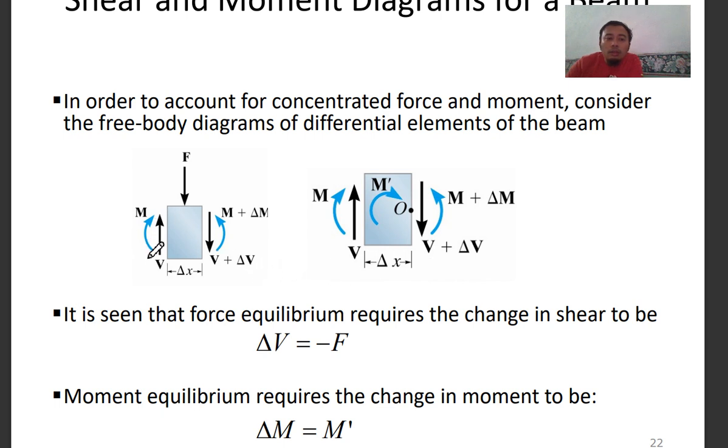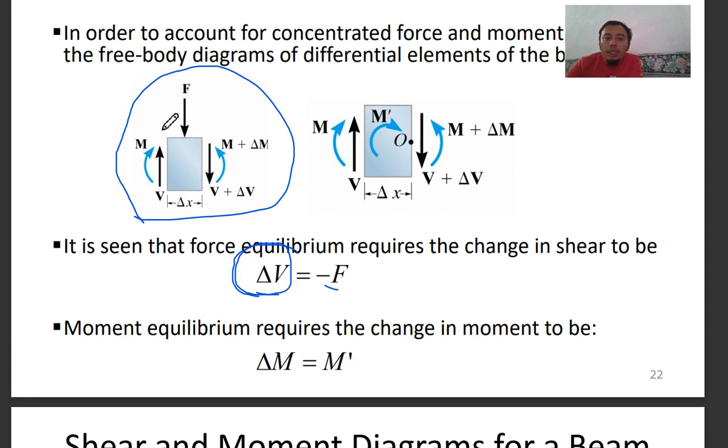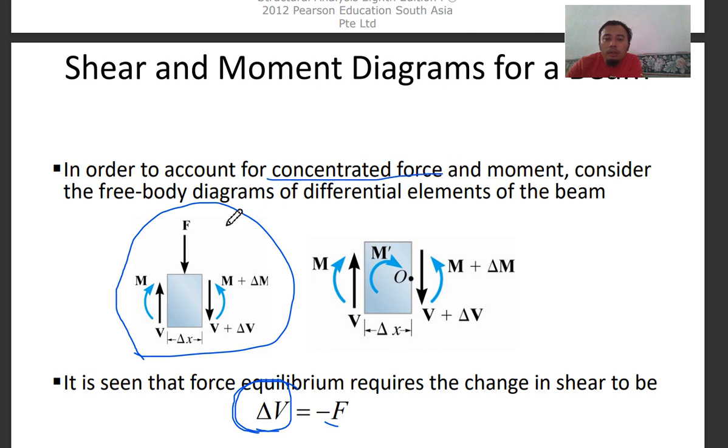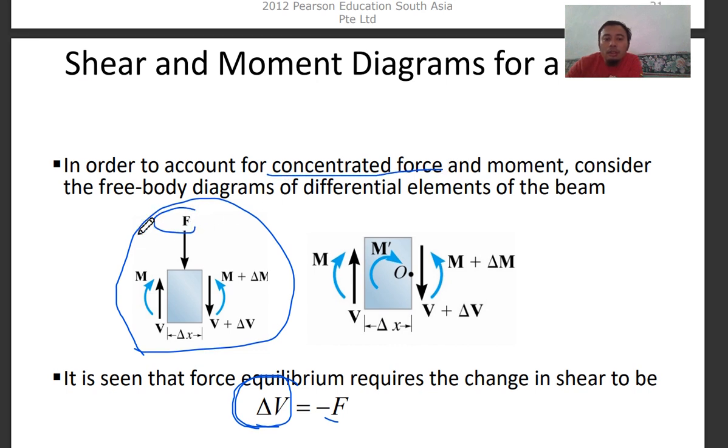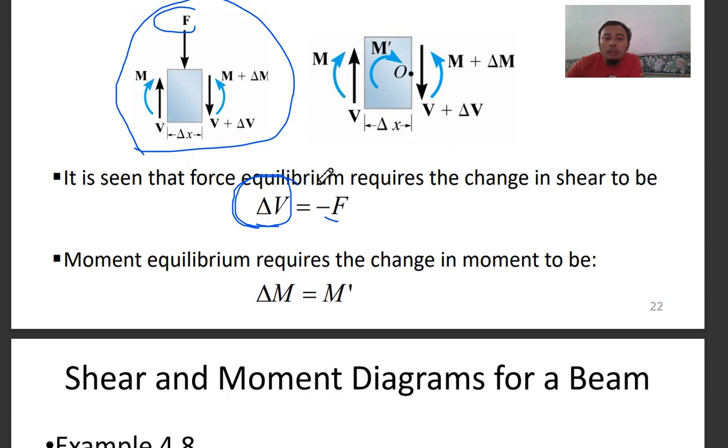So let's say this is your element of the beam. It is seen that force equilibrium requires the change in shear, delta V, to be equal to negative F. So for a point load, a concentrated force F, the value is a point, not a function.